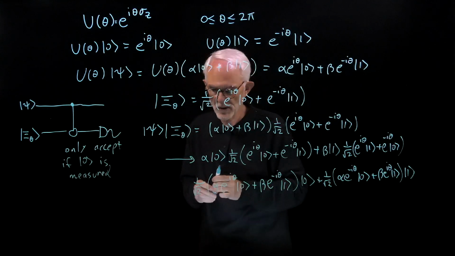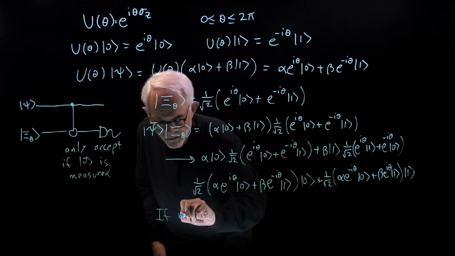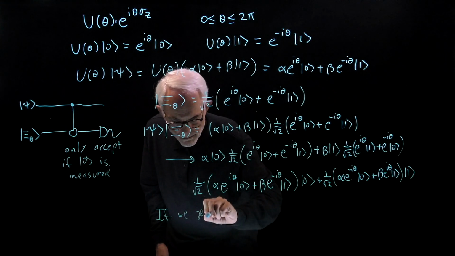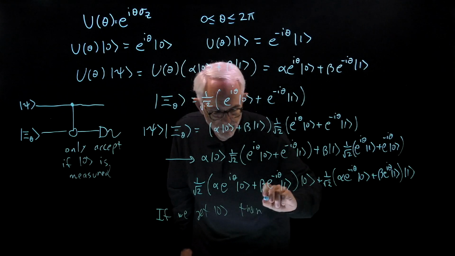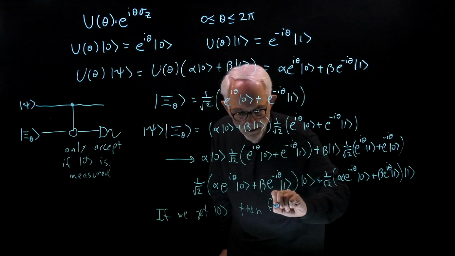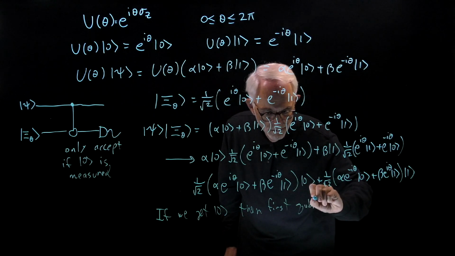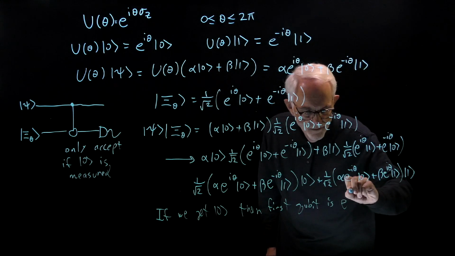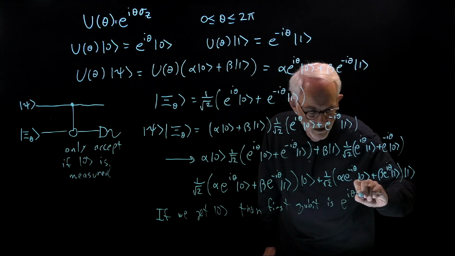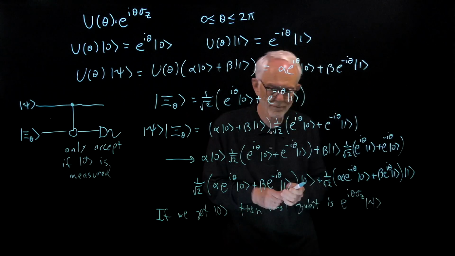So if I do get 0, then the first qubit is e to the i theta sigma z psi, which is exactly what I wanted.